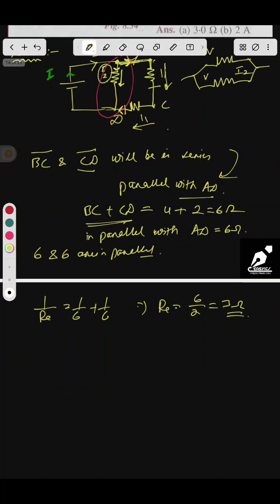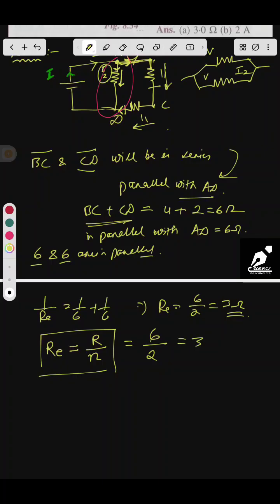Always remember, if there are two or more than two resistances in parallel, the equivalent resistance is given as the resistance value divided by the number of resistances in parallel. So here R is equal to 6, and the number of resistances in parallel is 2. So 6 and 6 are in parallel, so 3 ohm.